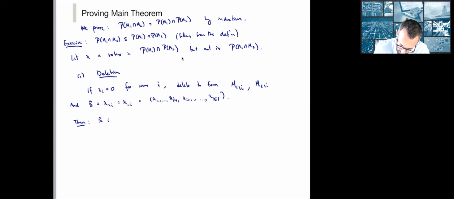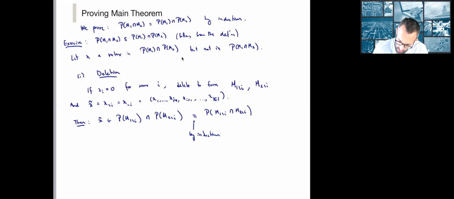So that means that x tilde is in this polytope, but by the same argument, it's also in this polytope, and by induction, this intersection is equal to the polytope of M2 minus i.